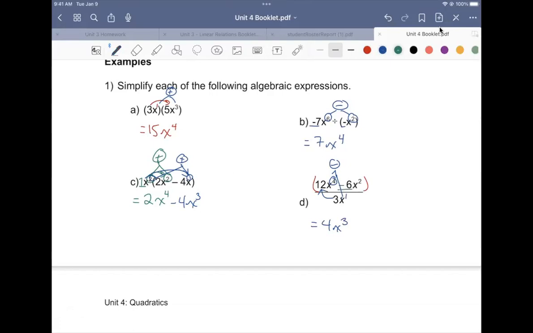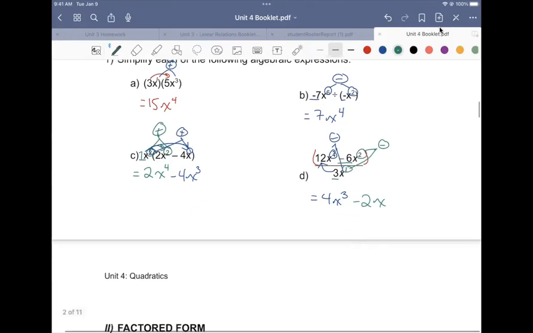If I come over here, -6 divided by 3 is going to give me -2. I have x to the power of 2 minus x to the power of 1, which gives me 2 minus 1, x to the power of 1. And that is going to be my simplified form because I cannot combine those. They are not like terms.